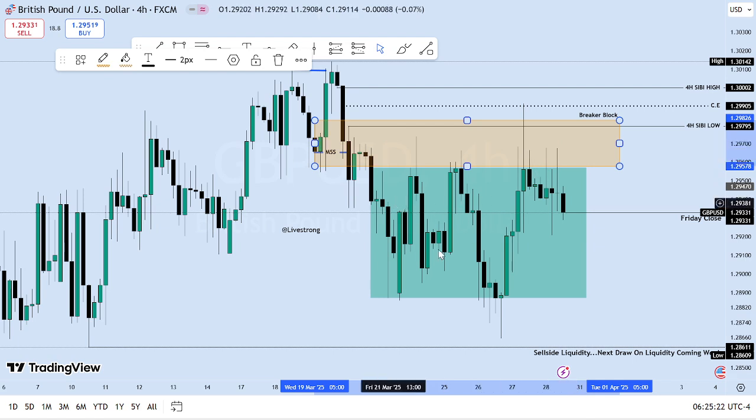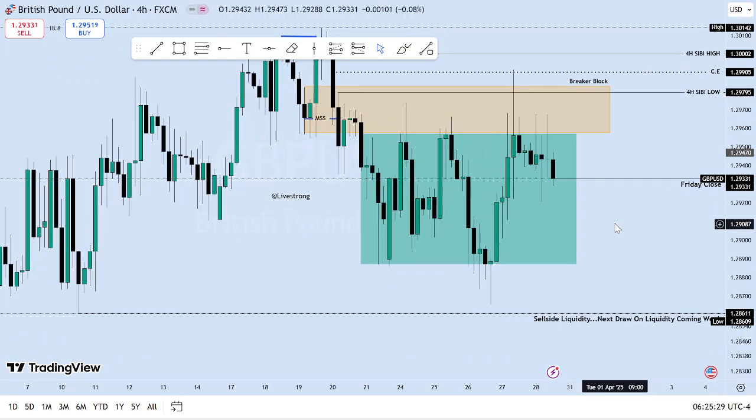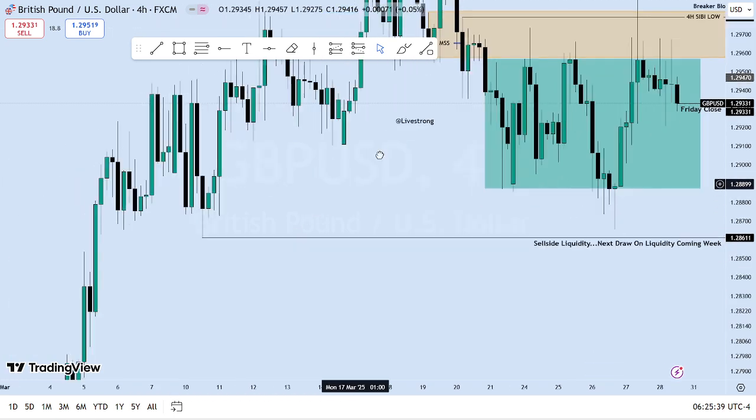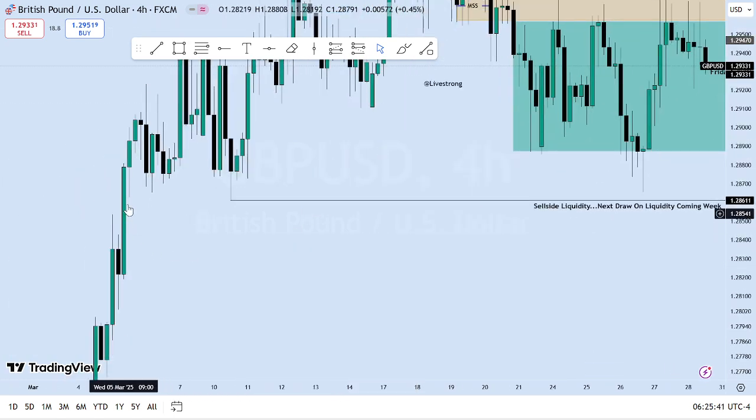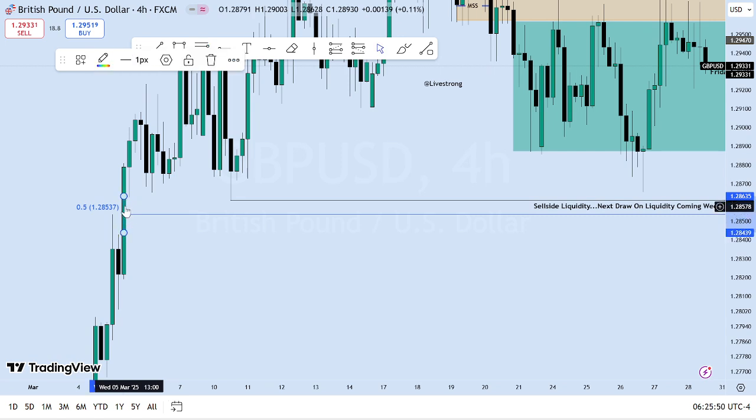Rejection block. We have a consolidation. So coming week we are anticipating price for a manipulation, trading below to take this sell side liquidity here. That's 4 hour sell side liquidity. Have an inefficiency here, and a possible price delivery inside this consequent encroachment of this BC.